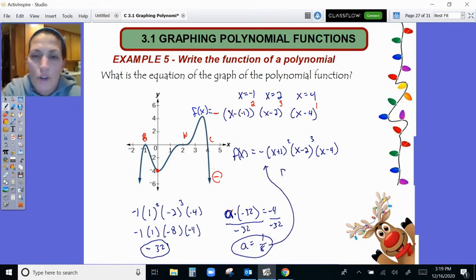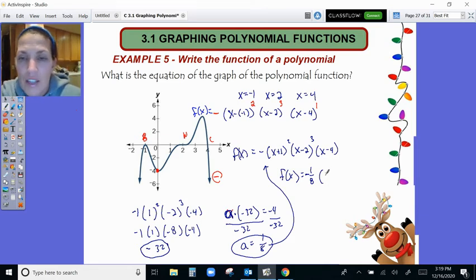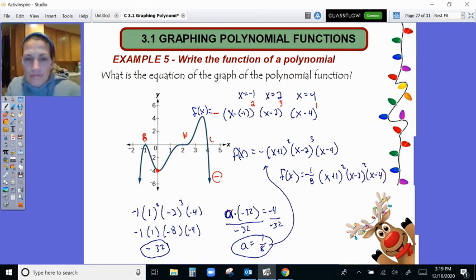Okay, so I'm going to put our f of x equals -1/8 times x plus 1 squared times x minus 2 cubed times x minus 4. Okay. I think I needed to make that with this, not this -1 here to find that 32.